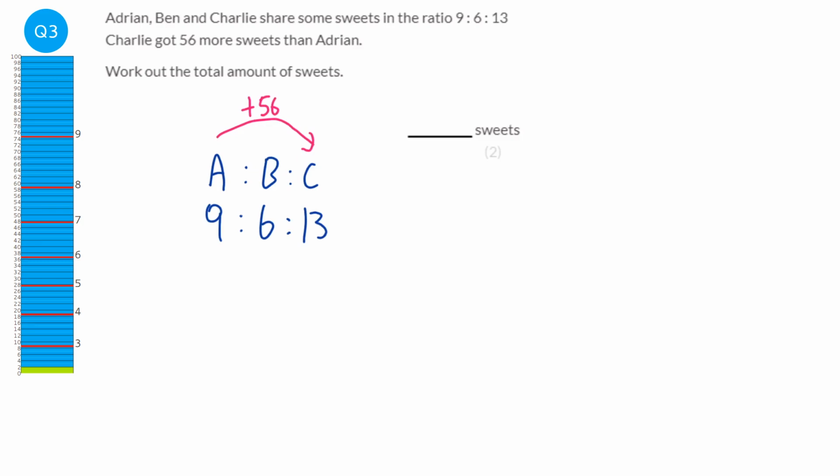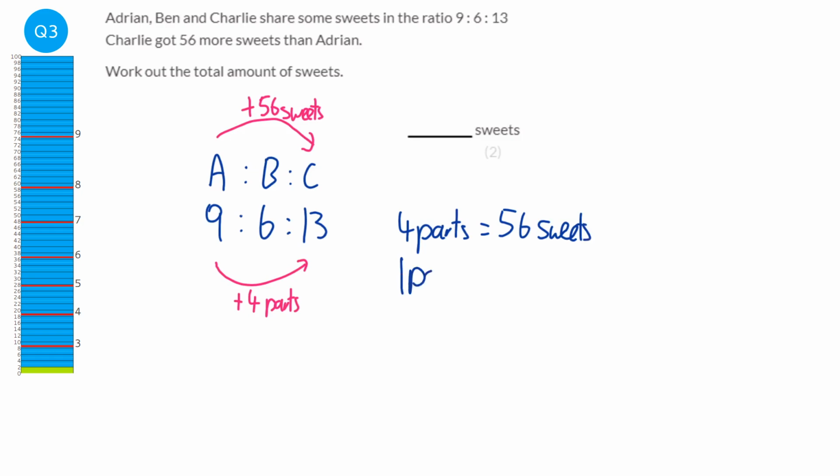Well, looking at the actual parts of the ratio, there are 4 more parts, so plus 4 parts, which represent plus 56 sweets. So 4 parts are worth 56 sweets. So 1 part would be 56 divided by 4, which is 14 sweets.